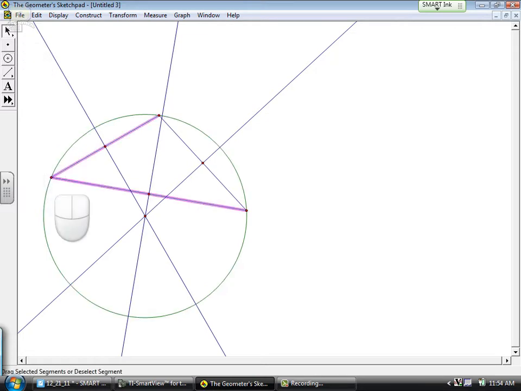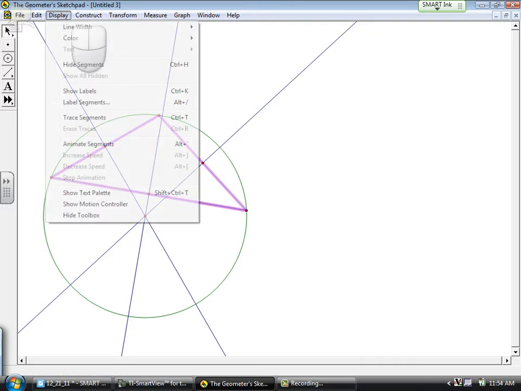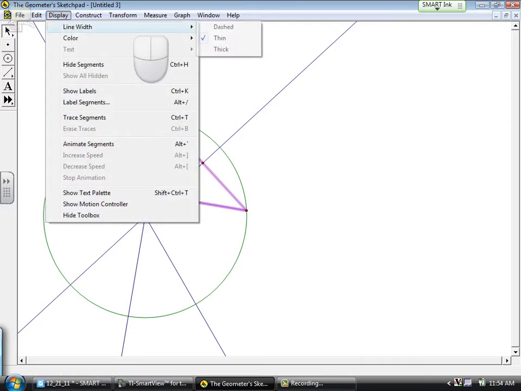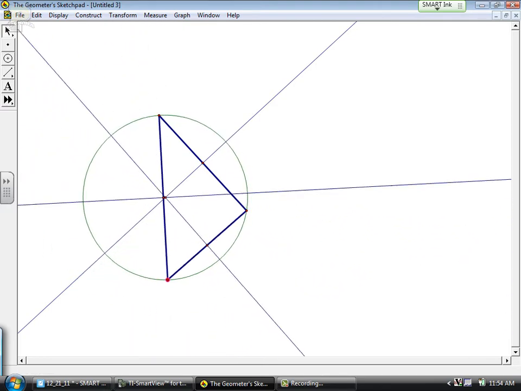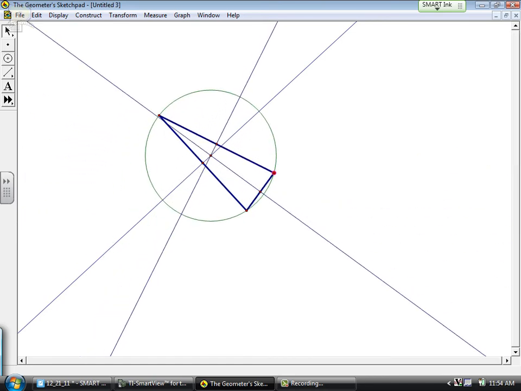We are going to make these lines bold. And then as I move one of these vertices around and change the shape of my triangle, what do you notice about the circle?